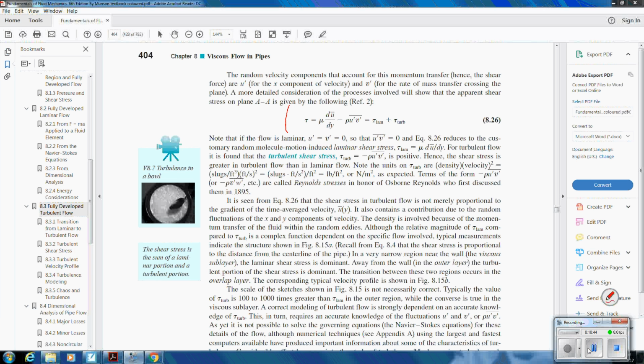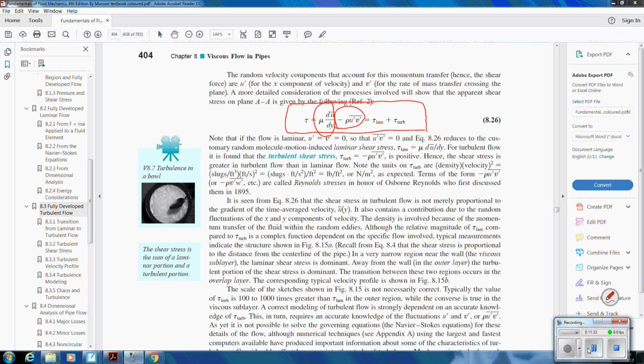And this second term, minus rho times u prime v prime bar, is the average of the fluctuation of velocity in the axial component and the y component, right? The vertical direction component. And this is the turbulent component. If u prime v prime is 0 for laminar flow, we know u prime v prime bar is 0 as well. But for most cases of turbulent flow, u prime and v prime are not at the same time 0.